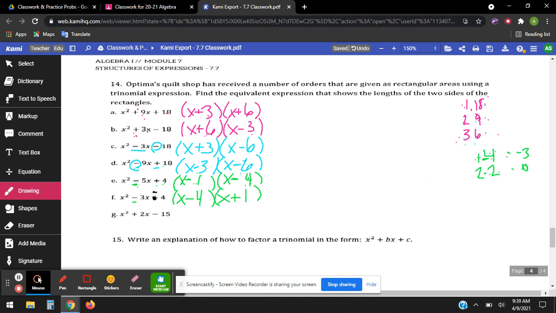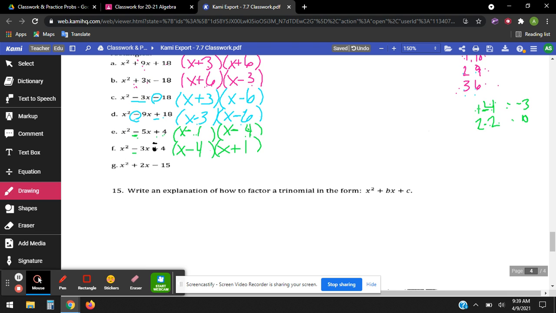Next. Last one on this page. 15. So 15's got a few options. I have 1 and 15, 3 and 5. Okay. So it's a negative. This is negative, so I know it's going to be one positive, one negative, one of each.